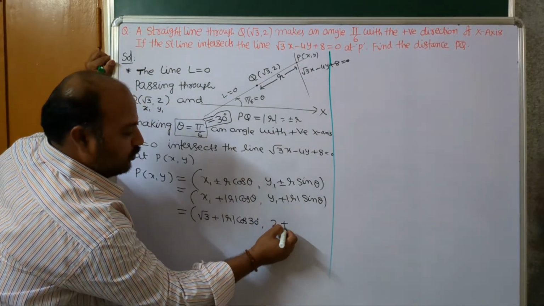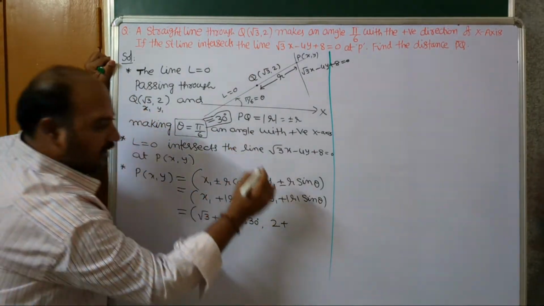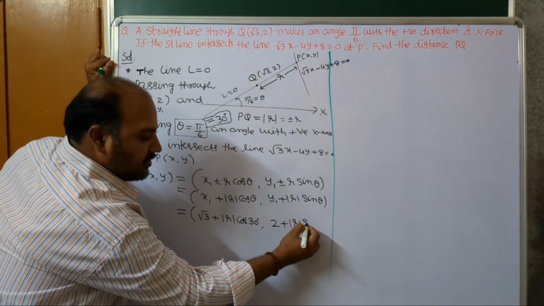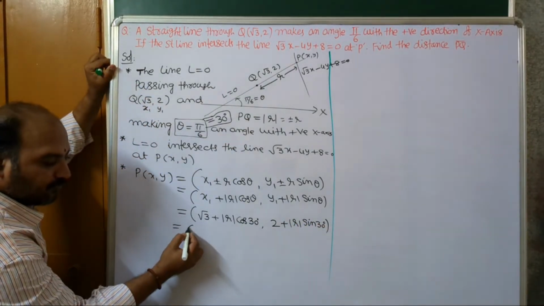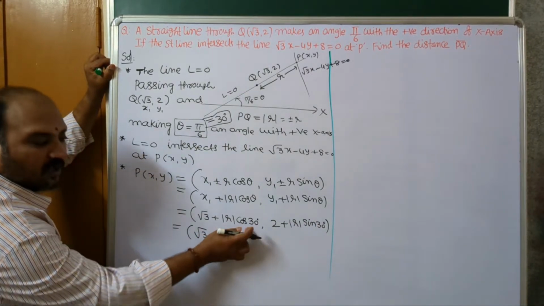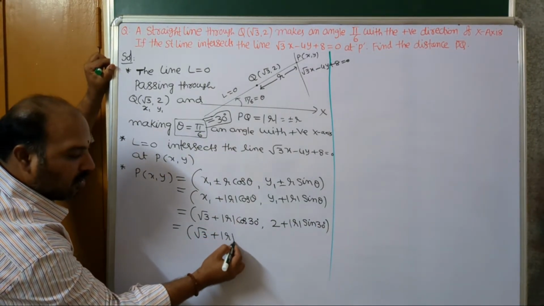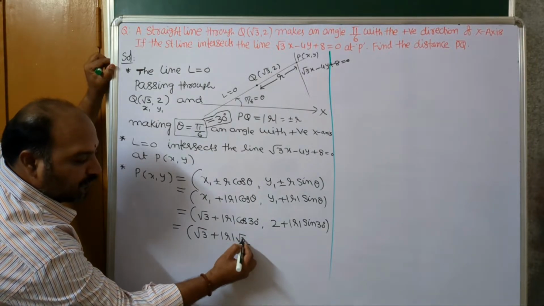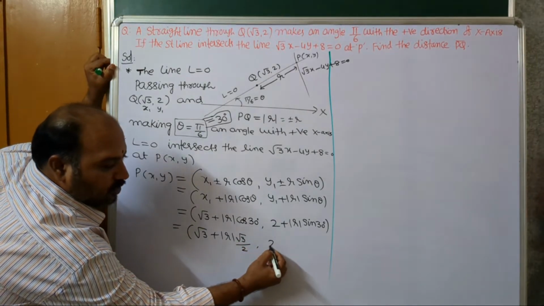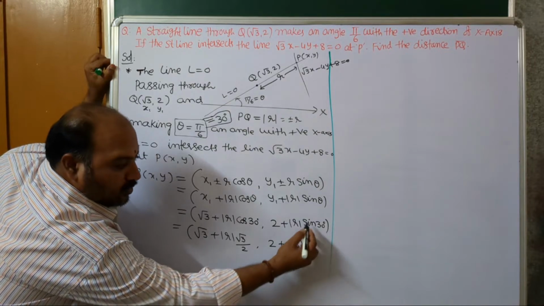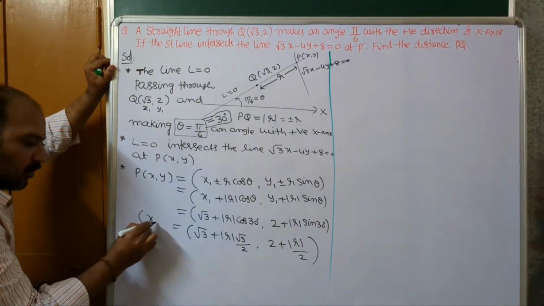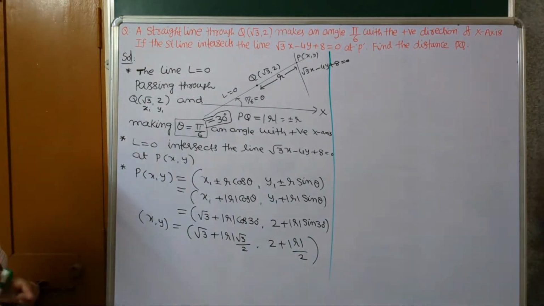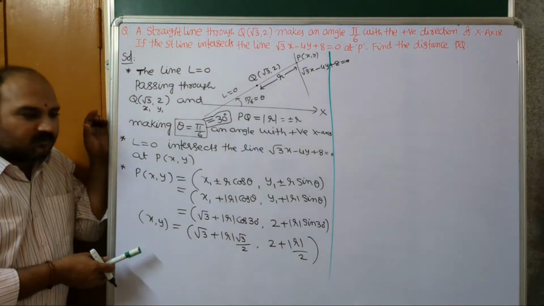The y1 value is 2 plus mod r into sin 30. Cos 30 is root 3 by 2, so root 3 plus mod r into root 3 by 2, and 2 plus mod r into sin 30, which is 1 by 2, so 2 plus mod r by 2. This is the coordinates of x comma y. Everyone got it now?